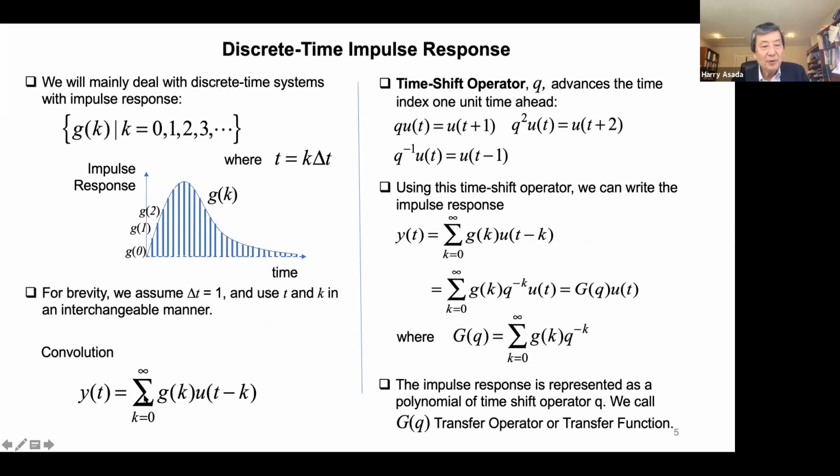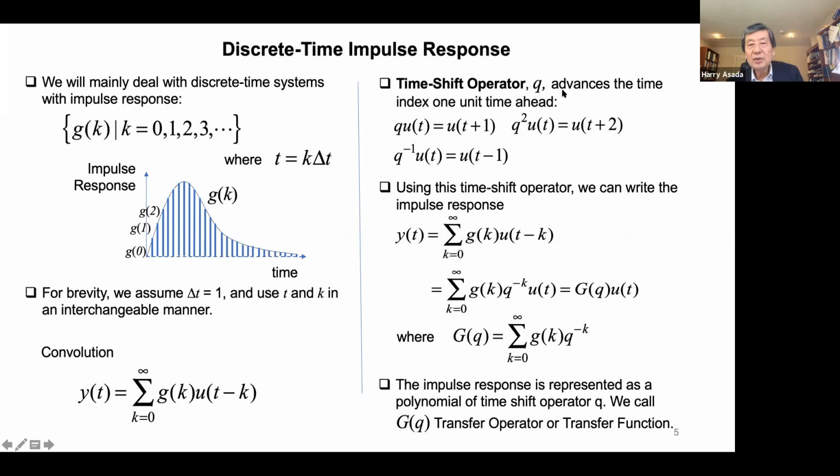So the impulse response in discrete time, we can write as y(t) equals the sum of g(k) u(t minus k), k equals 0 to infinity. That's actually the impulse response. Now here we use a special notation in system identification and other fields. It's called the time shift operator. We use q for this.